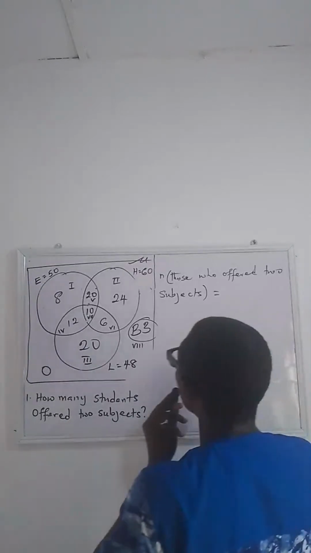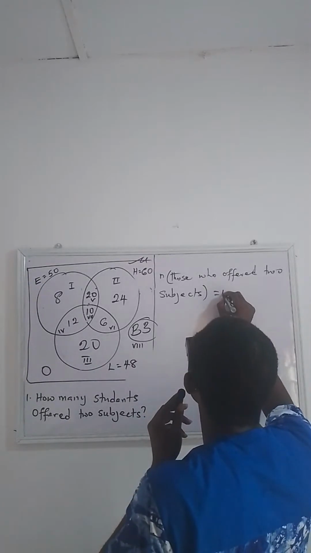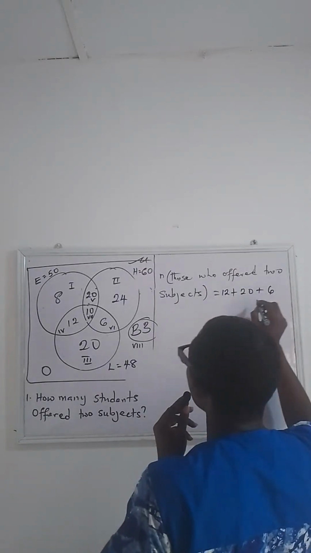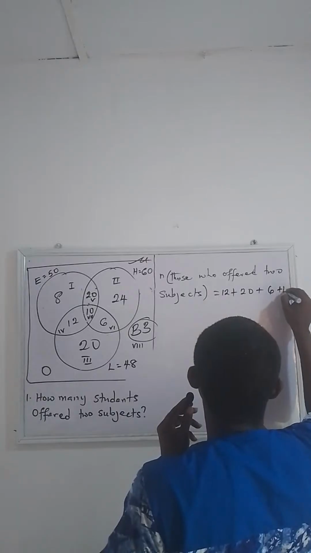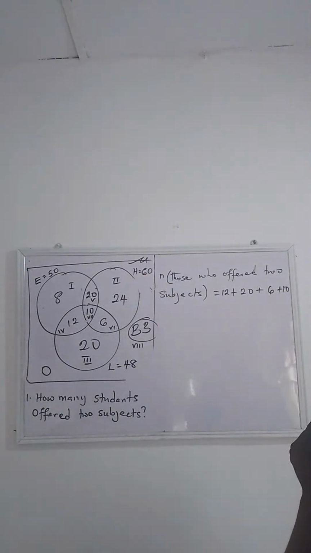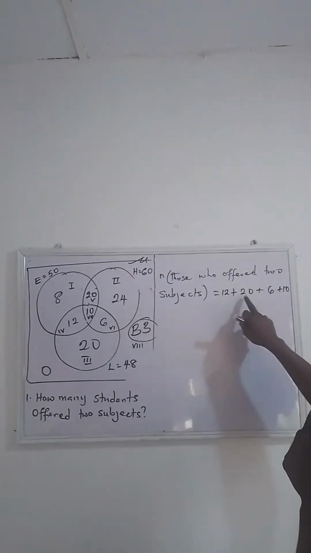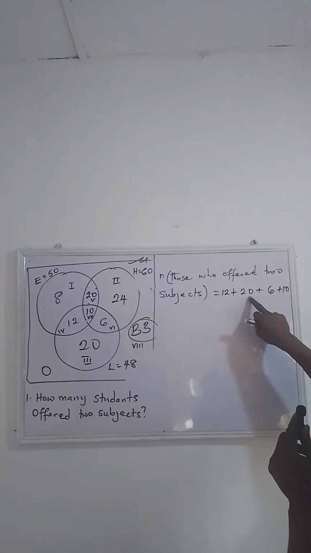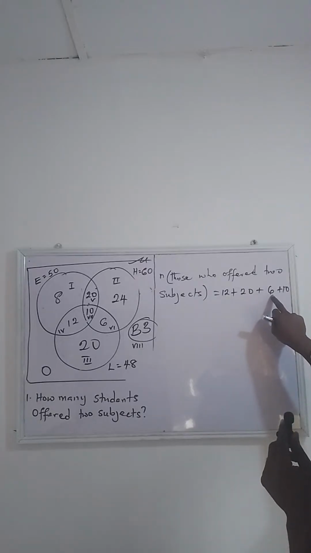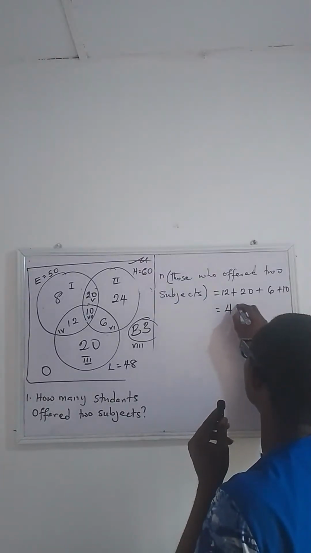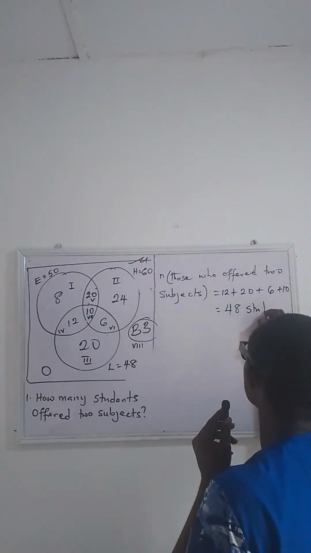So now it's going to be 12 plus 20 plus 6 plus 10. Let us add 12 plus 20. That is 32, plus 6 is 38. And the final answer is going to be 48 students.